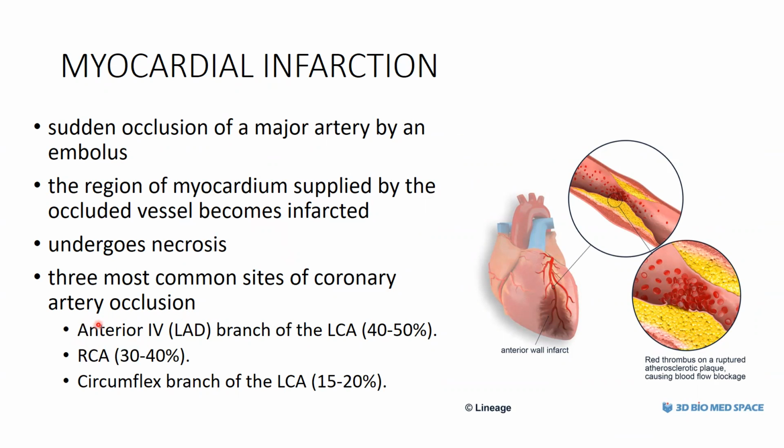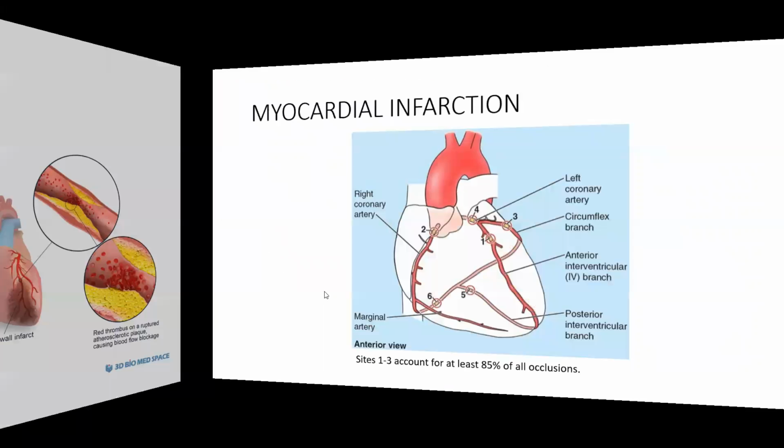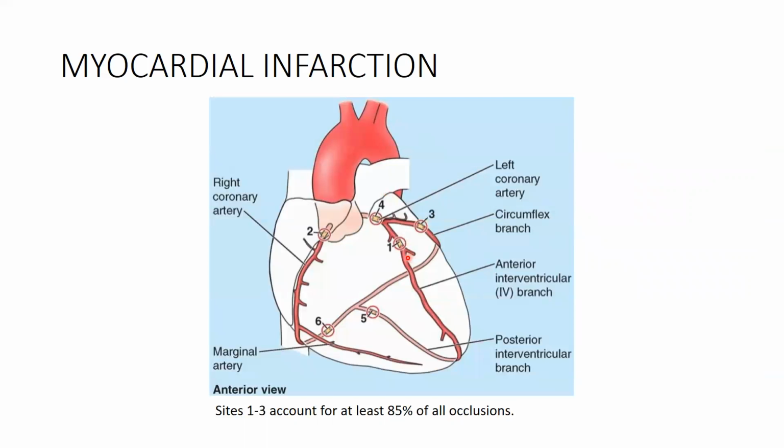Number one is the anterior interventricular branch or LAD, the left anterior descending artery, a branch of the left coronary artery. Number two is the right coronary artery. And number three is the circumflex branch of the left coronary artery. I repeat: number one is LAD, number two is RCA, and number three is the circumflex branch.